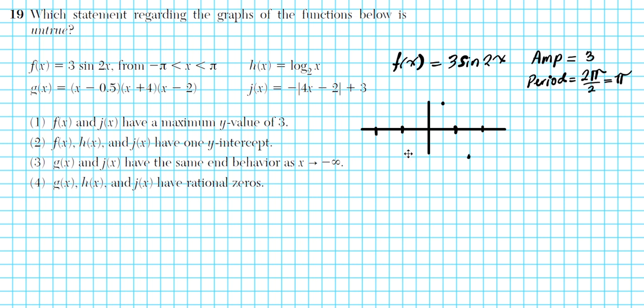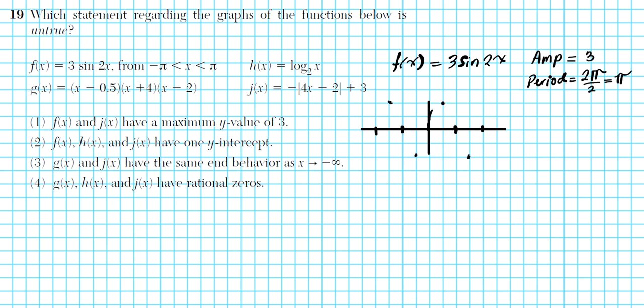So if you're graphing the sine curve, you have to remember basically what it looks like. Remember that the sine curve is like an S, okay? And the cosine curve is like a cup. So we're doing the S for the sine curve, so it looks something like this. Let's draw that again.